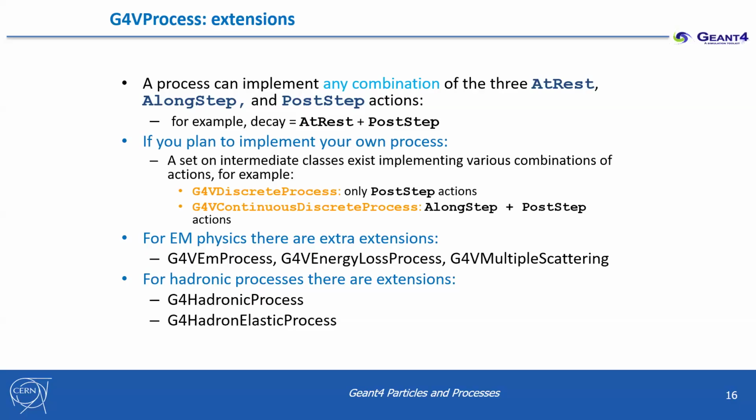Of course, the majority of processes are discrete because they happen PostStep, but there are, for example, energy loss processes which happen AlongStep. There is energy loss along the step, and maybe, for example, a delta electron or Bremsstrahlung produced at the PostStep point.